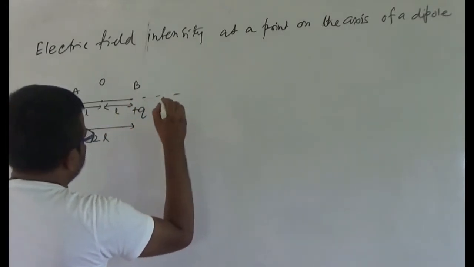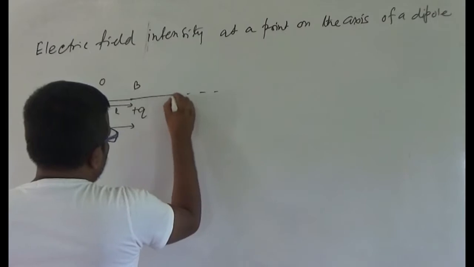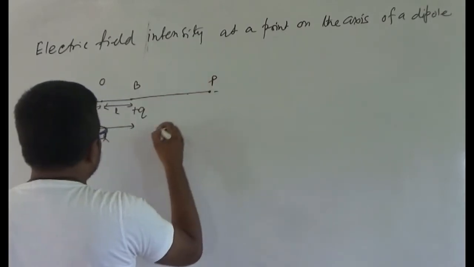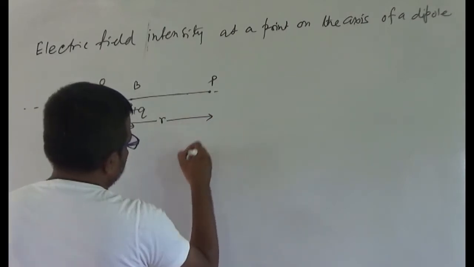Our field point, that means the point at which we are going to calculate the field, is P, which is at a distance r from the dipole.